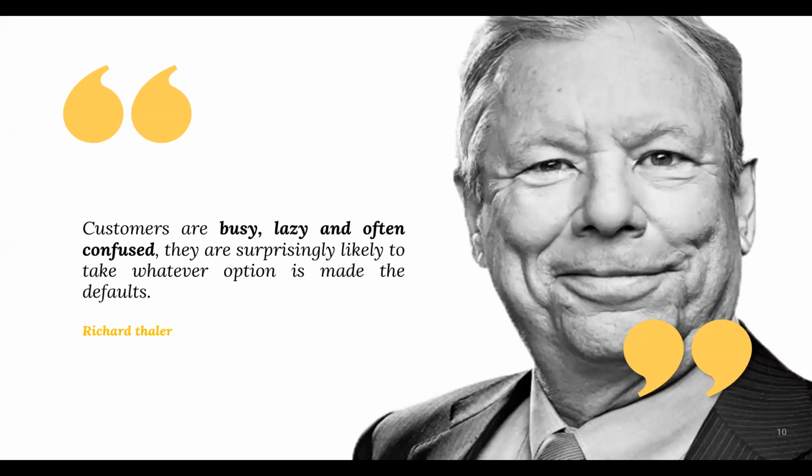As Thaler puts it, nudges work because customers, or in our case, urban or architectural space users, are more often than not busy, lazy, and confused, and are likely to choose the simplest option available.